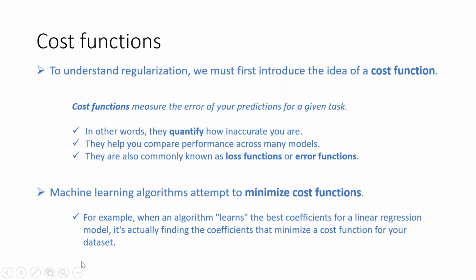Whatever data you gave, it will run this cost function, keep on checking through many iterations, and stop at a place where it finally figured out the coefficients with which, when I substitute in the equation, I have the most minimum squared error, sum of squared error. That is how these cost functions are used by our algorithms.